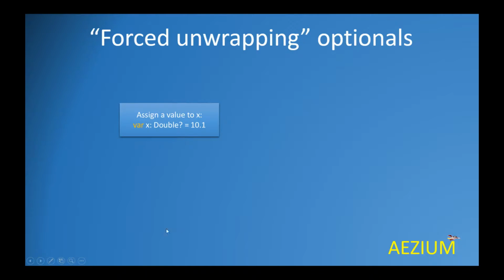Okay, so one might ask, why is that the case? Is it because x was not assigned a value? To see if that is the case, we assign a value to x at the time of declaration, but we would still see the runtime error if we try to execute this statement.